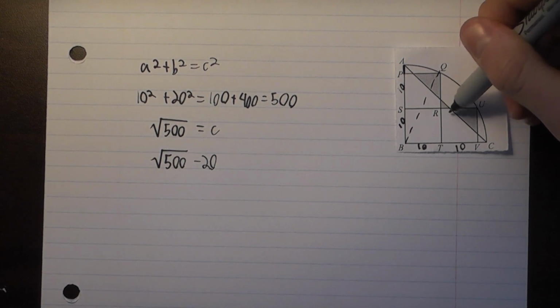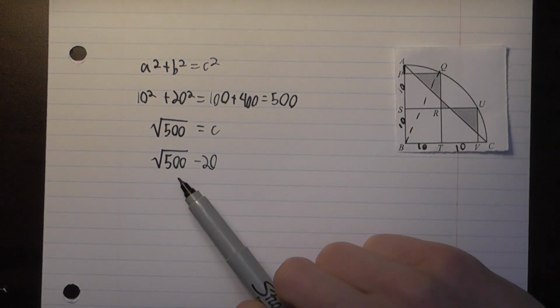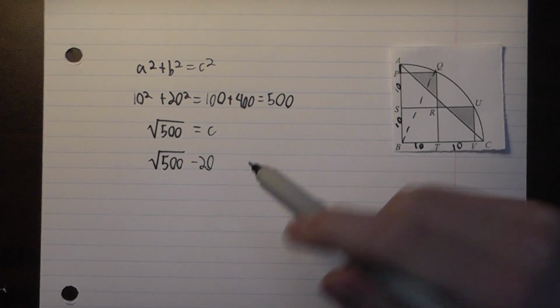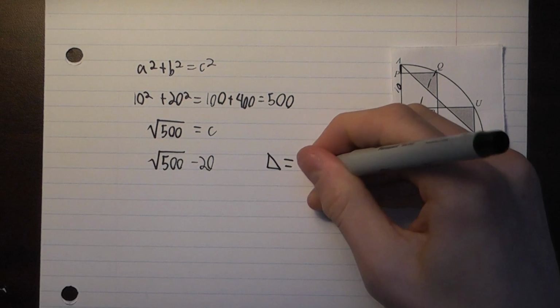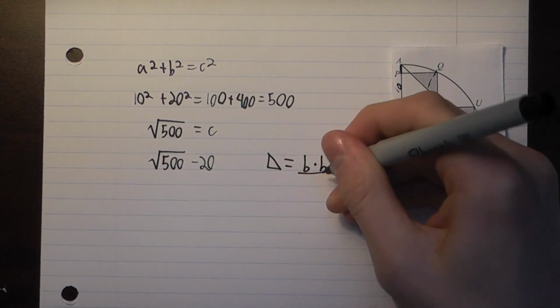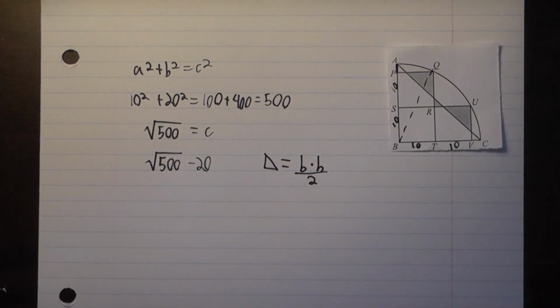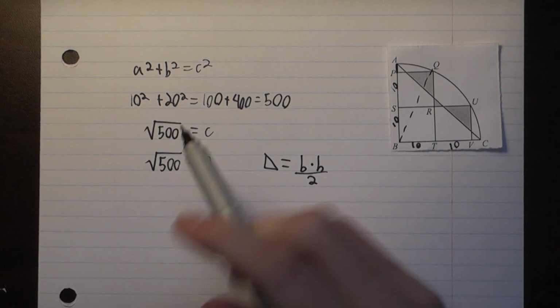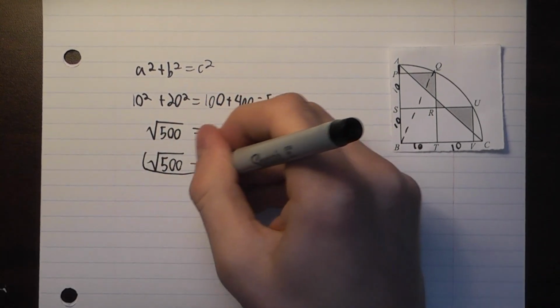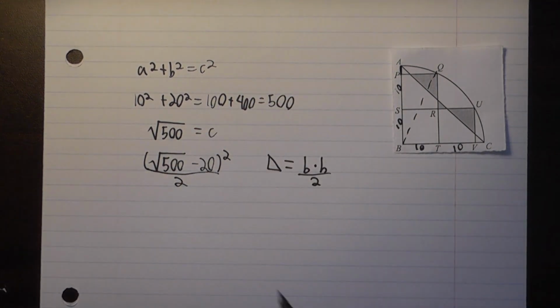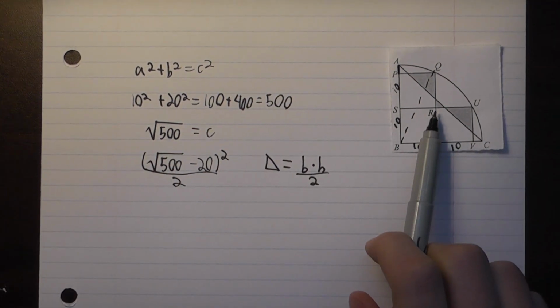So these two edge lengths are also square root of 500 minus 20. And the area of a triangle equals the base times the height divided by 2. So this is the base and the height. So all we have to do is square this and divide it by 2. And that's the area of the smallest triangle.